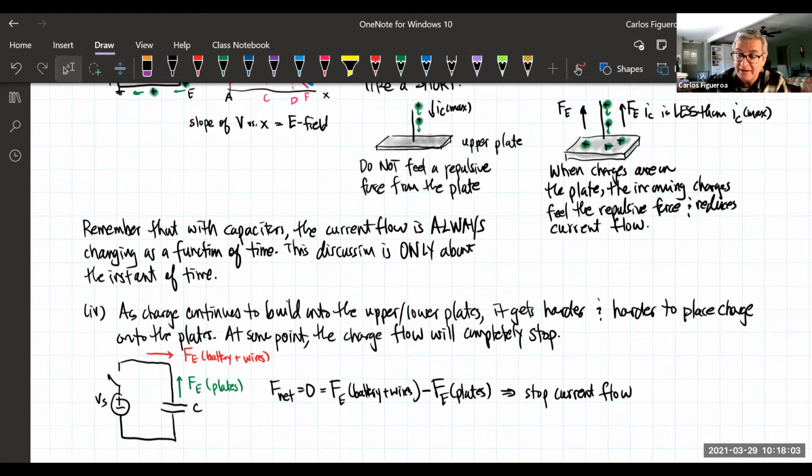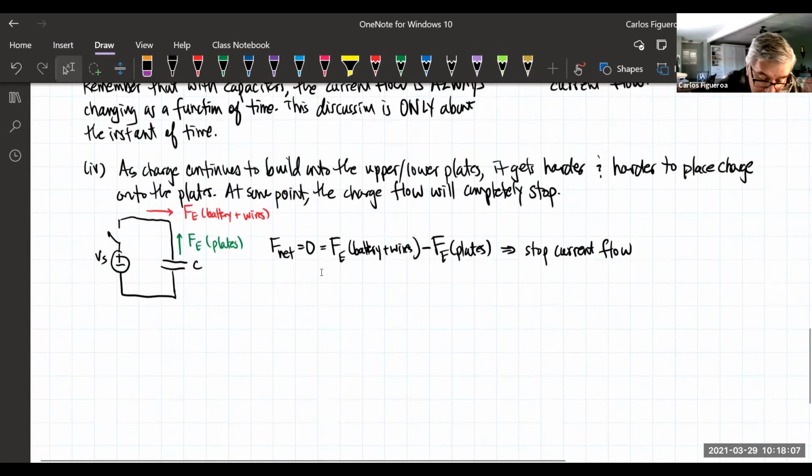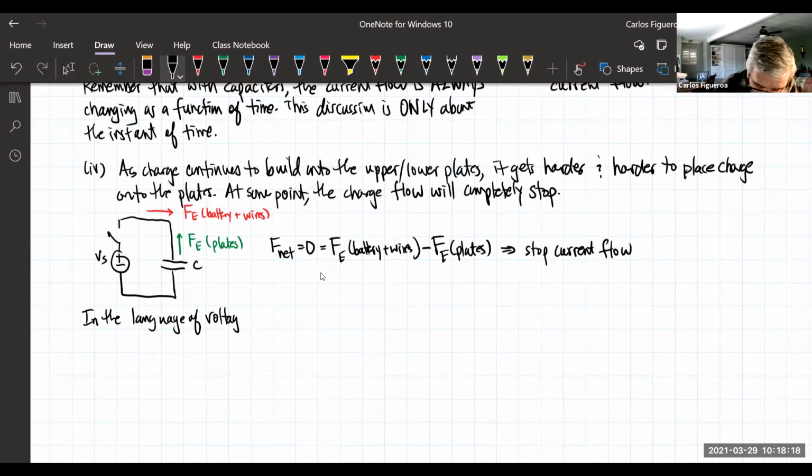So what's actually happening here? Remember my picture beforehand. Here's my battery, and here's my plate.